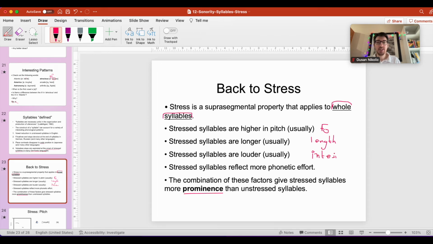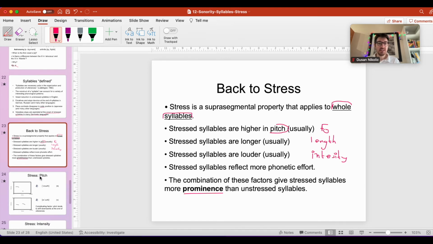And all of these were introduced to you with the aim of describing stress. So stressed syllables are a combination of these. I believe, and from what I could see in English, pitch is the most important parameter of stress, but it does not always have to be the case, right? That's why it's so relative.